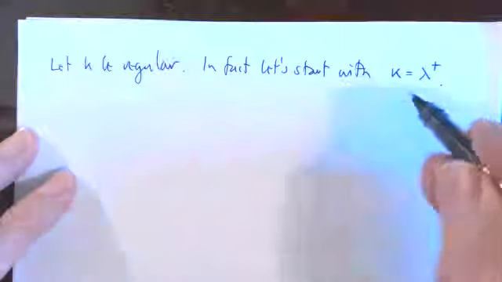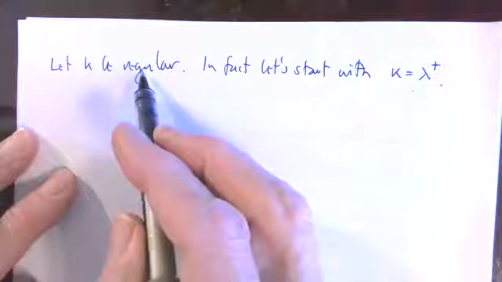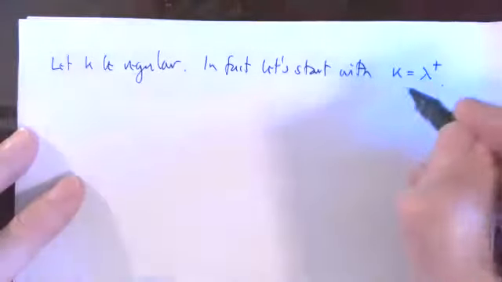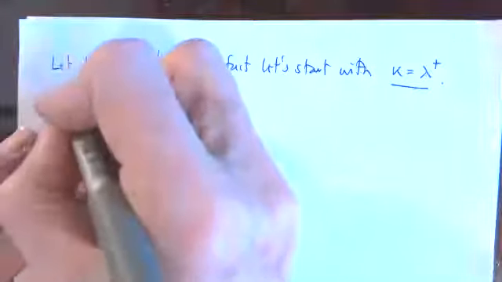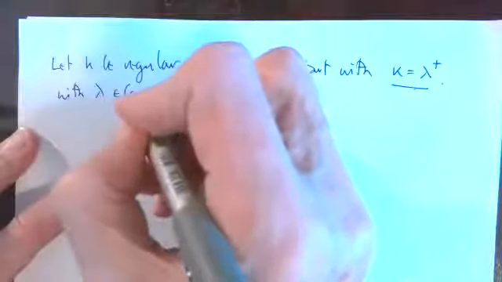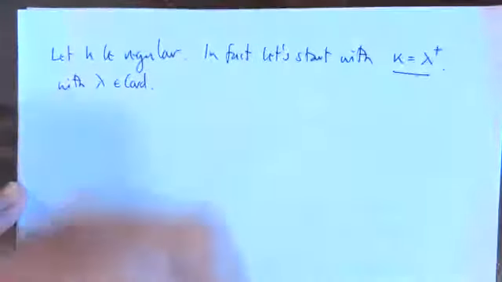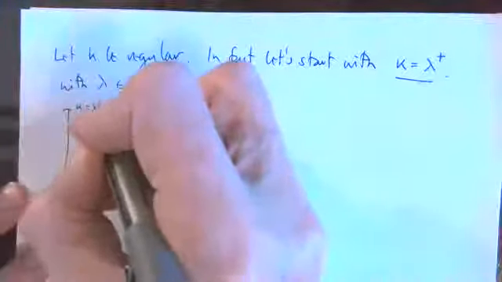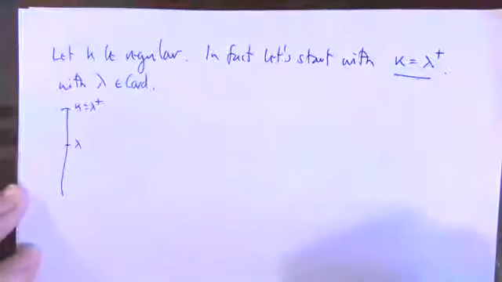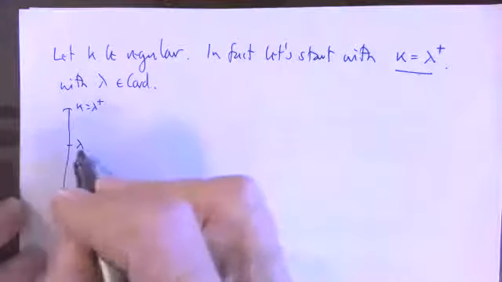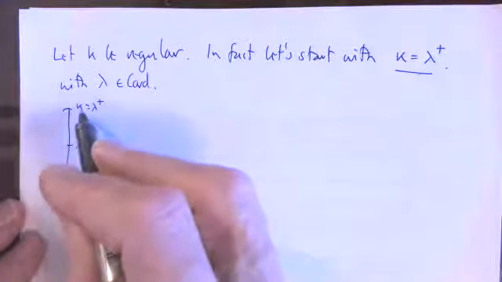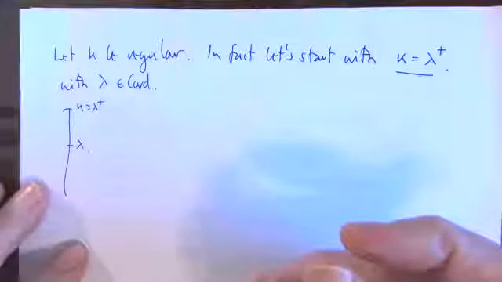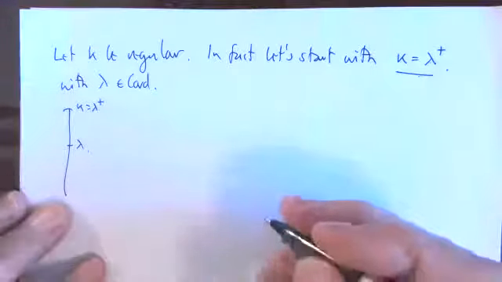So it's a successor cardinal rather than a regular limit cardinal, if such exist. So kappa is lambda plus with lambda a cardinal. Okay, so here's kappa, it's lambda plus, and here's lambda. Right, so lambda could be aleph n, and kappa could be aleph n plus 1. But in general.